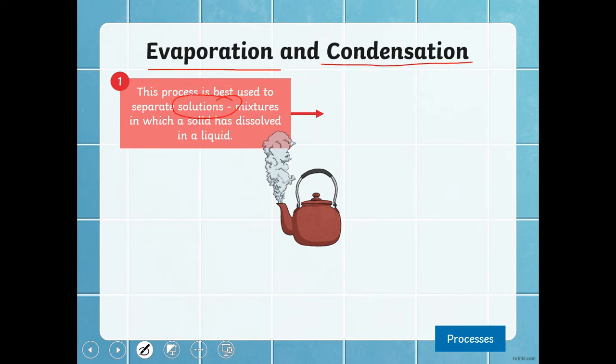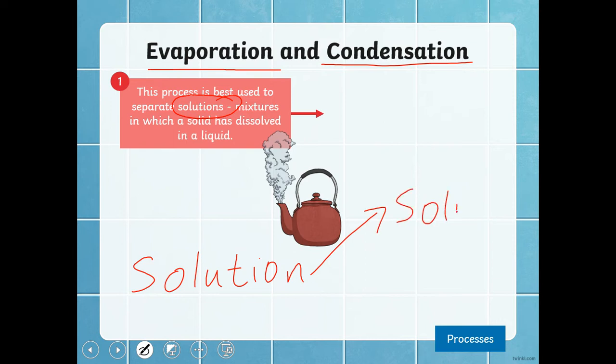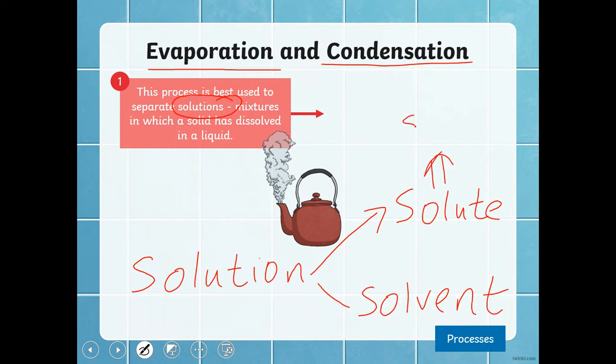And when you think about solutions, for a solution, you're going to have a solute and you're going to have a solvent. The solute is usually solid, like a solid particle, and it is the thing that is being dissolved.